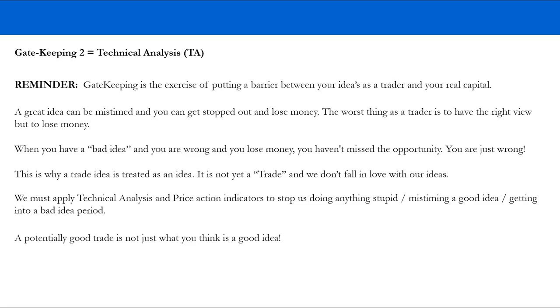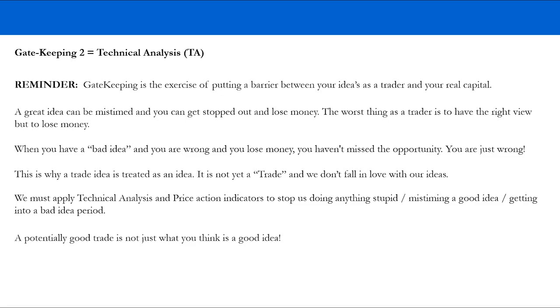So what we're trying to do here is stop ourselves from putting good ideas on that are mistimed, and then we're proven to be right in the long term, but we actually end up losing money, which is the cardinal sin, or just putting on bad ideas altogether.